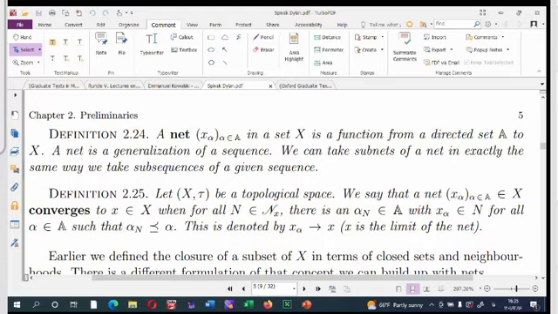Let me read this again for you. Let X and tau be a topological space.